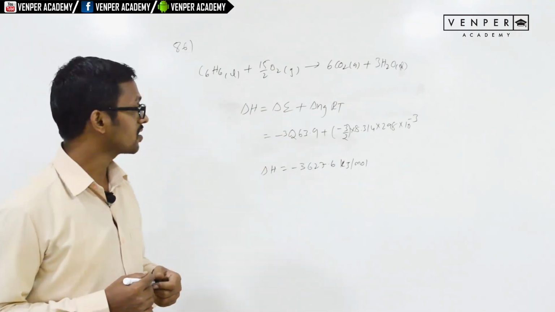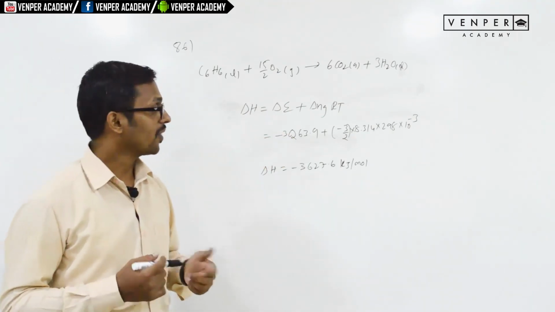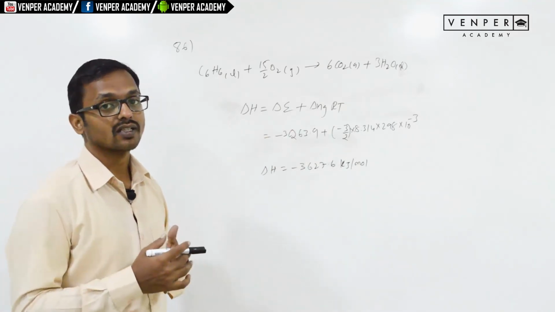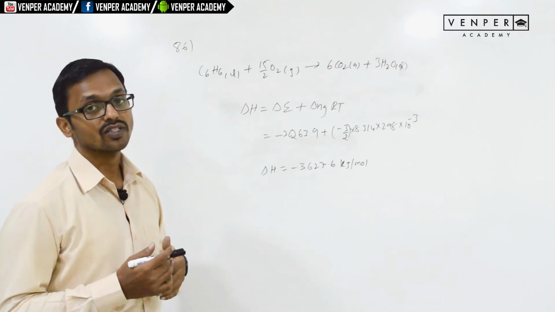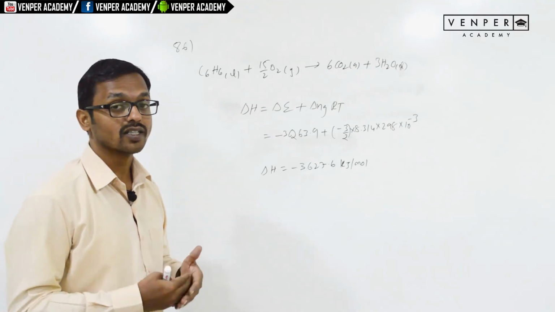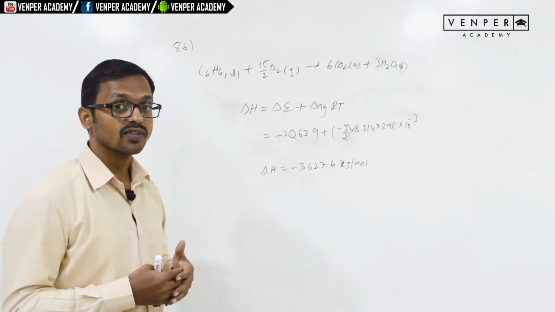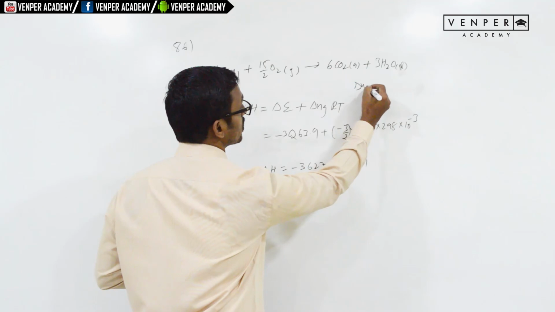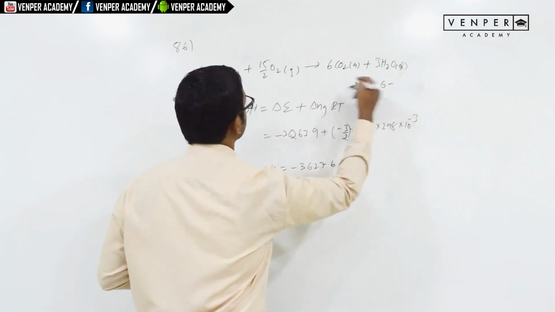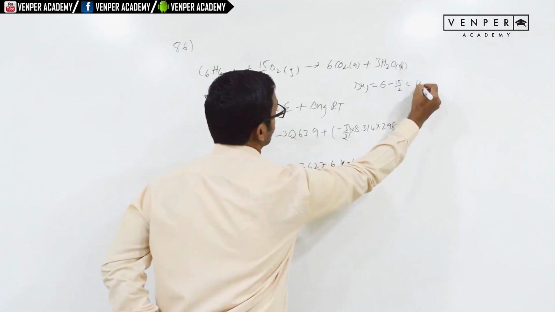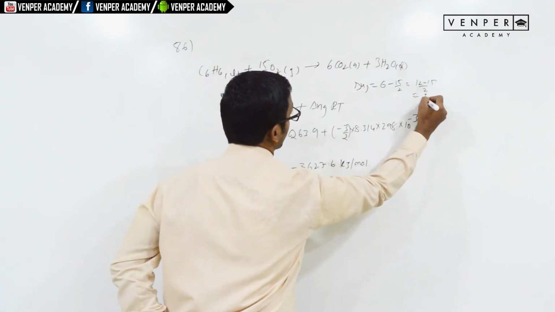That value is -3263.9 plus delta Ng. As we know, it is the sum of the coefficients of the products minus the sum of the coefficients of the reactants. So delta Ng will be 6 minus 15/2, that means 12 minus 15/2, which is 3/2.